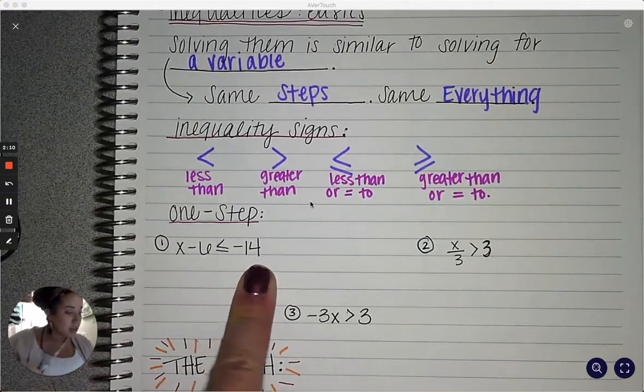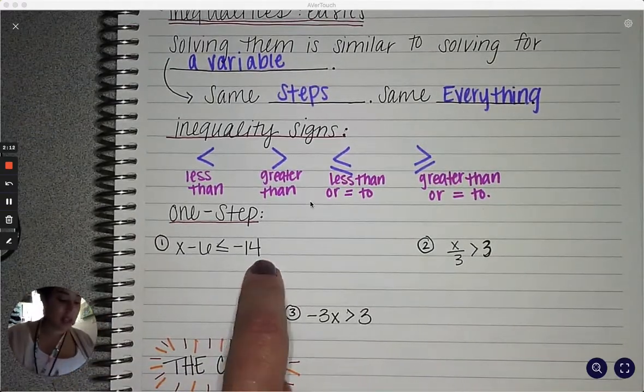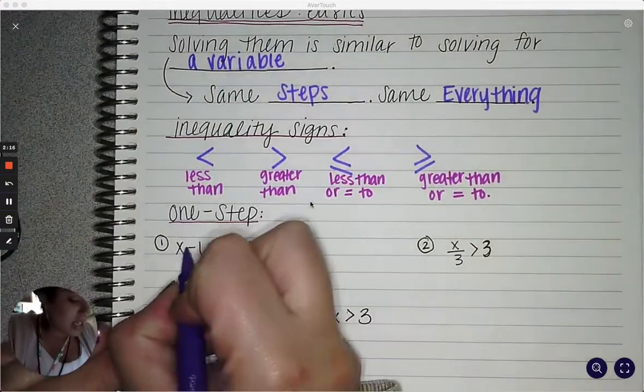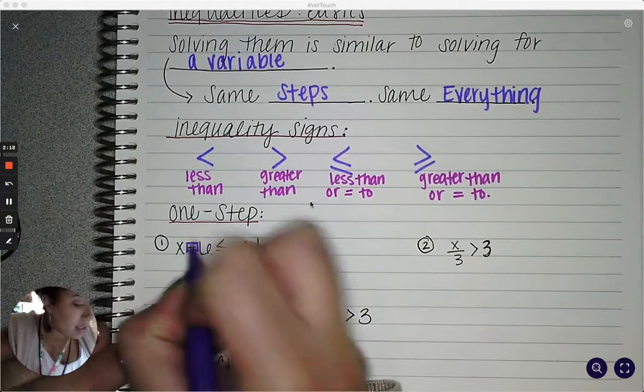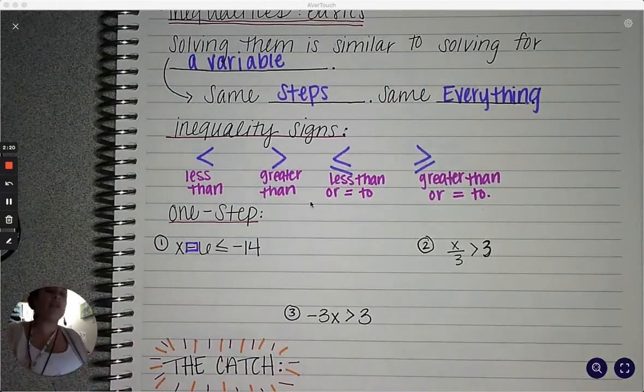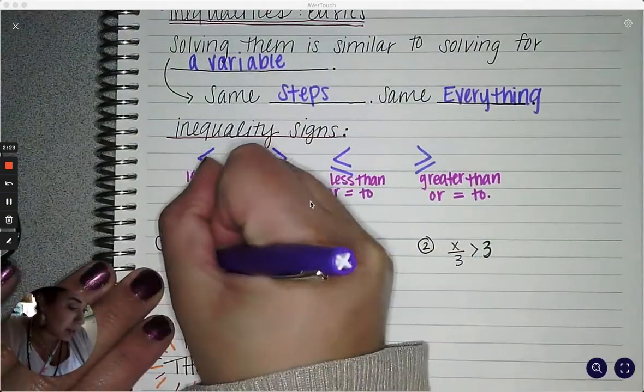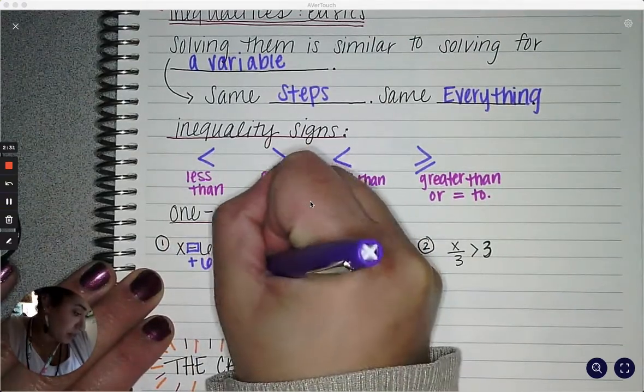Okay, so using our inverse operations that we talked about last week, the first thing I see is that minus sign. So an inverse operation tells me that I'm going to take that minus sign and I'm actually going to add to both sides. Okay, so we have to do the opposite. So I'm going to add 6 to both sides.